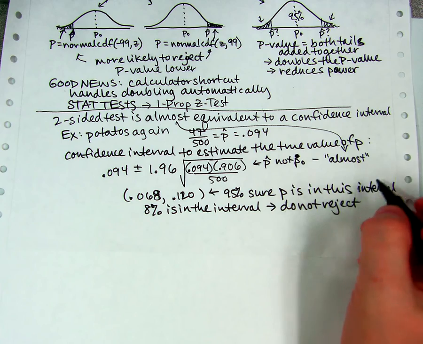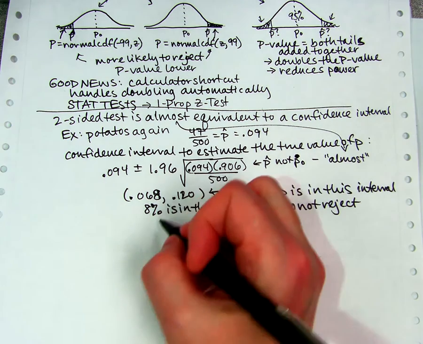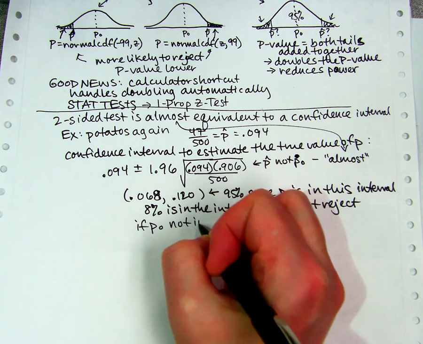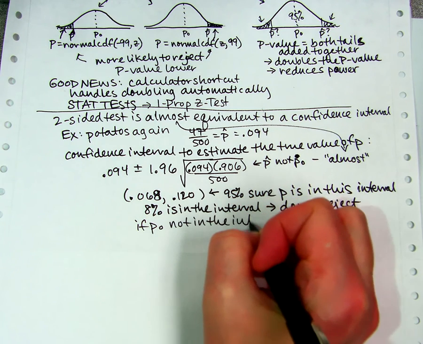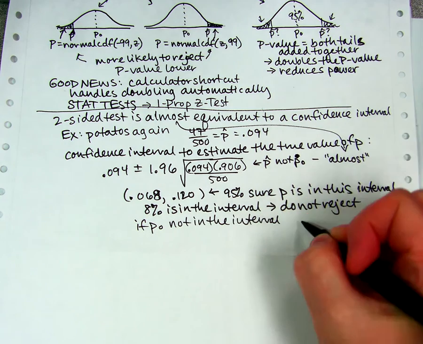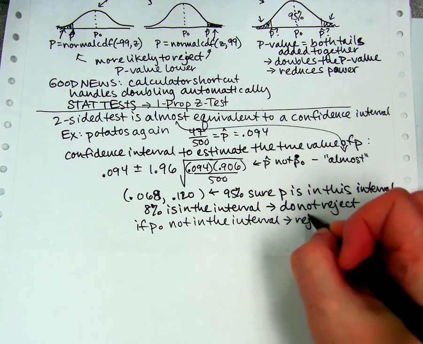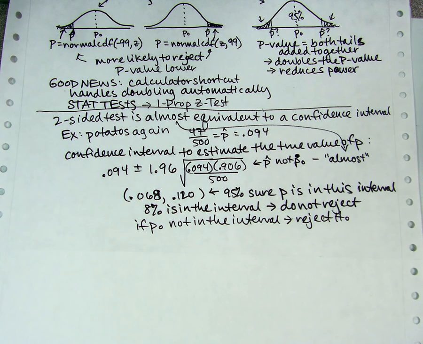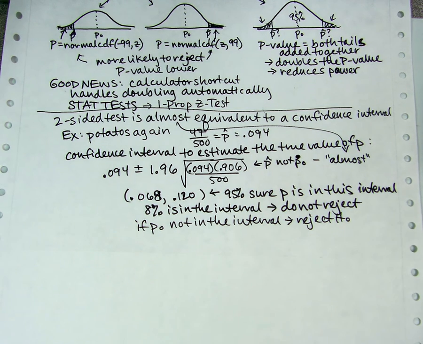If it happened to be outside the interval, if p0 is not in the interval, then we would reject. So that's another way to make that decision, but it only is almost equivalent if it's a two-sided test.